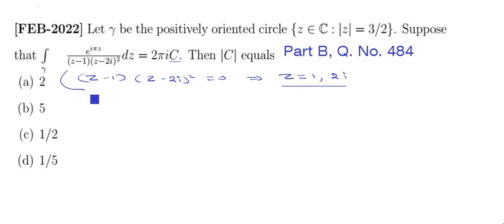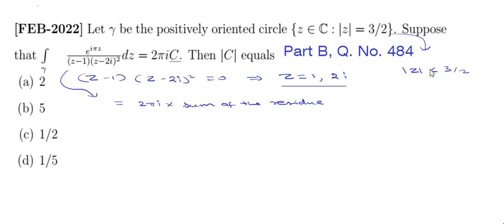The formula is 2 pi i into the sum of the residues. Here there are two poles. First we need to classify whether these poles lie inside or outside. For that we will consider the inequality modulus of z less than 3 by 2.